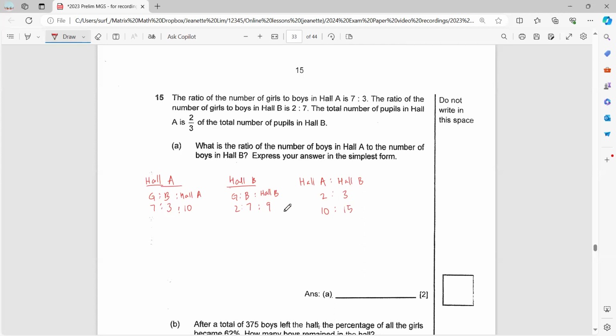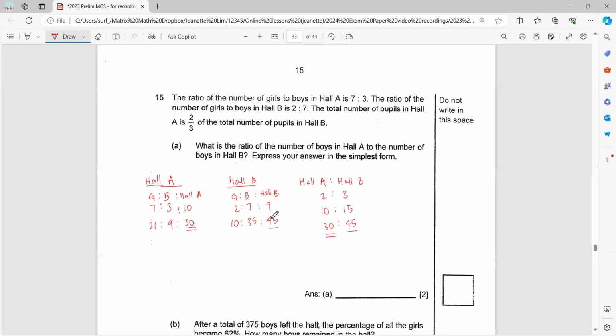We have to change to a common multiple, which is 45. So we times 5, 10 to 35 to 45. Then this is times 3, get 30 here. Because your hall A changed, the total for hall A changed. You have to change this total for hall A as well. So this becomes 30. So 21, 9, 30.